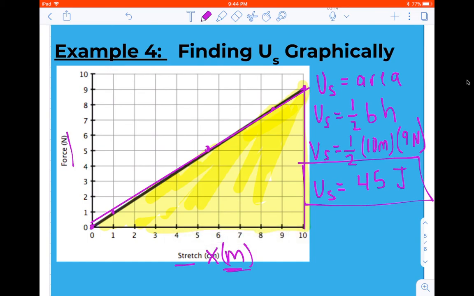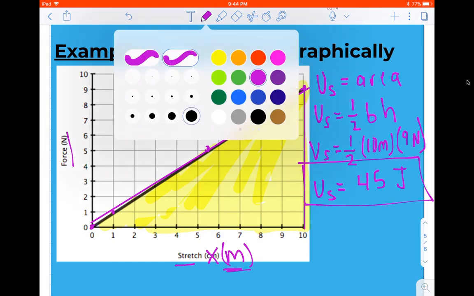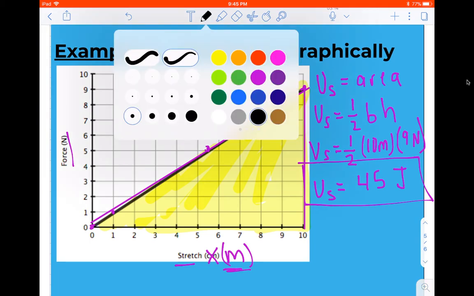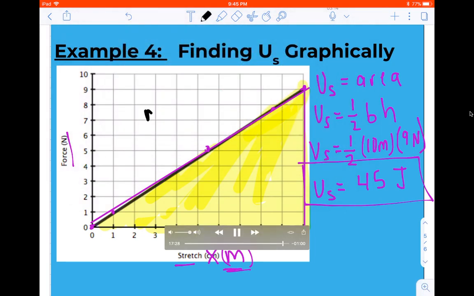We can actually double check this. Can anyone think of another way in which we could determine the elastic potential energy stored here? Well, technically, we know that m, our slope, is equal to the spring constant.